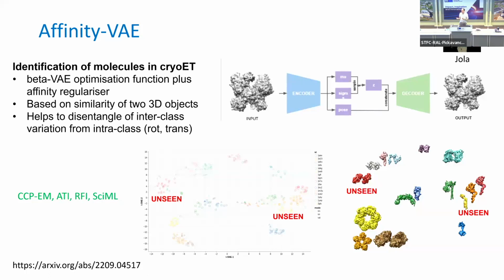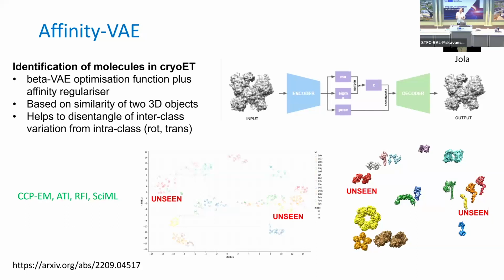The autoencoder does the basic job of mapping the particles onto a latent space and then decoding them back again. But the problem is that the latent space is dominated by different views of the same particle. It's very hard to disentangle rotational and translational changes from actually different molecules. Hence the affinity regularizer comes in, which looks at how similar molecules are.